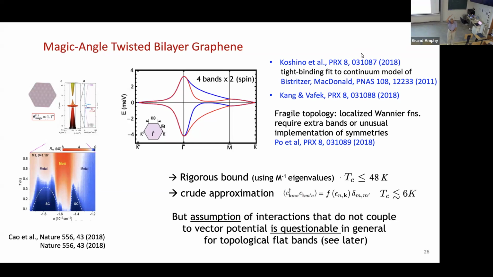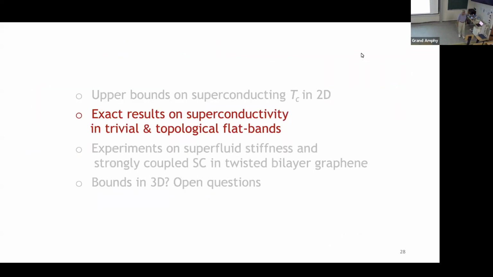But when you project down into the flat band manifold, the projected interaction looks very different and therefore can couple to the vector potential. So I would not trust these results so much. So that then led us to ask the following question: can we actually get some exact results without making approximation for both trivial and topological flat bands?